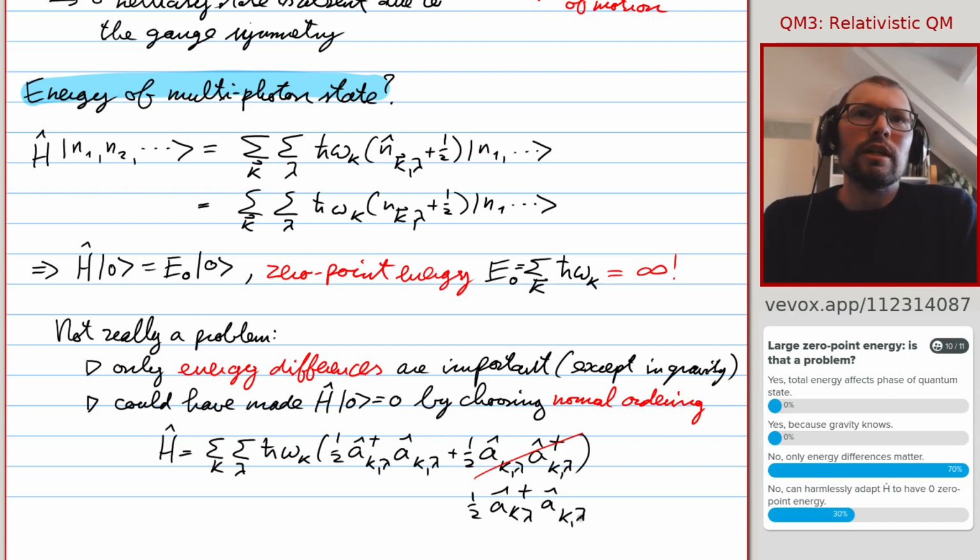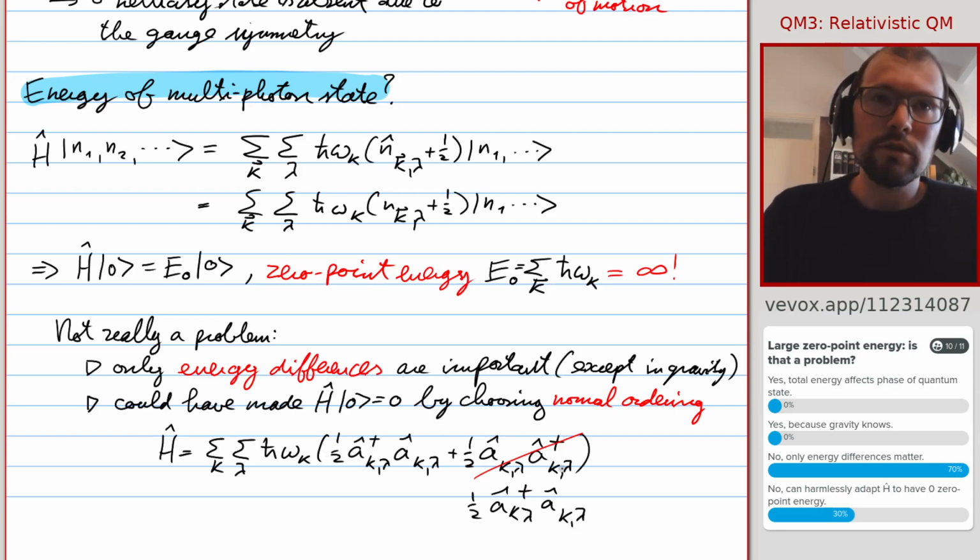Now, in principle, one is allowed to do this, because the difference is really something that is proportional with h bar. So it's a quantum correction. So the classical harmonic oscillator does not force you to use the particular ordering that we used before.